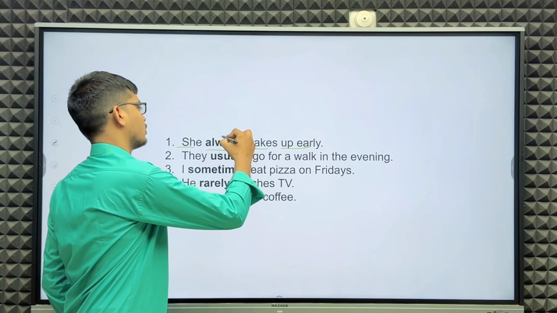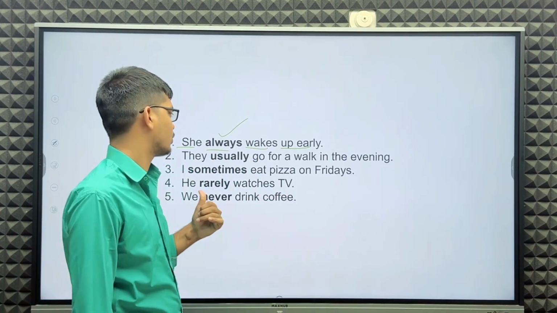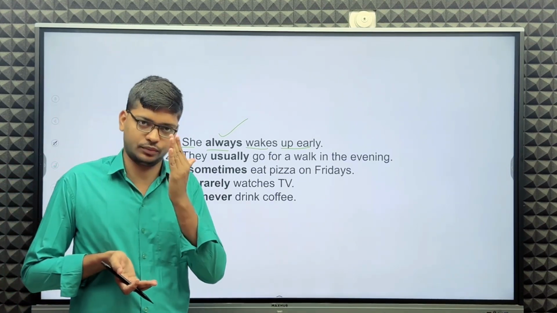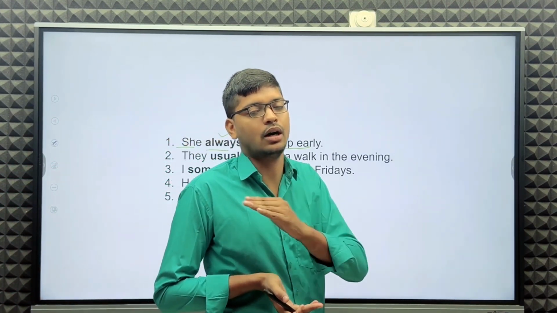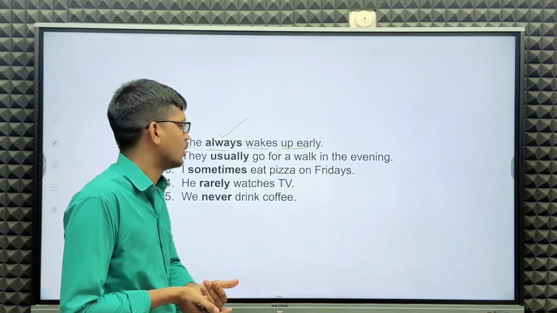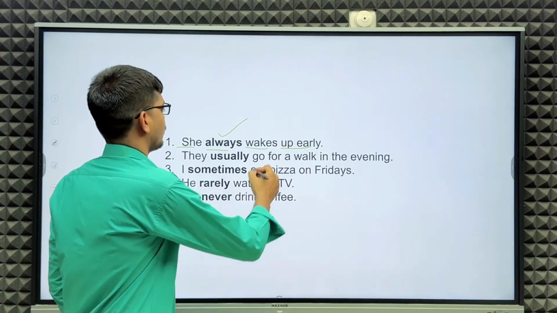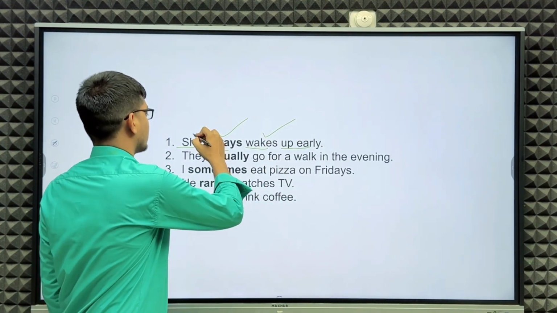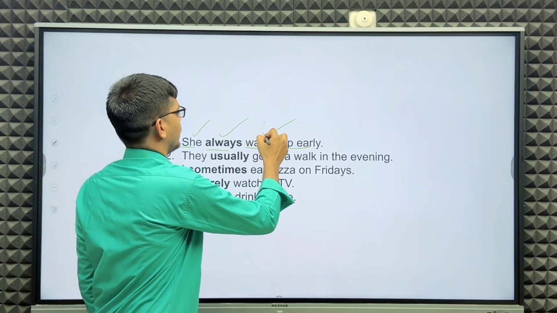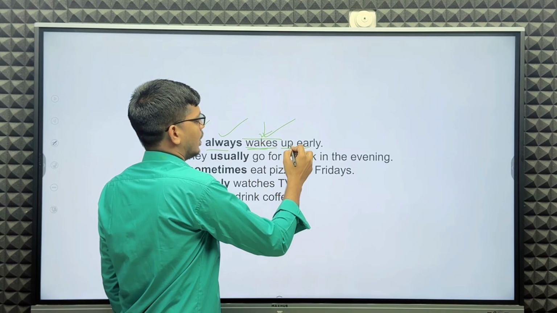So always, regular basis. Those works we are doing or continuing on a regular basis, so we have to use simple present tense. Simple present tense, wakes. She is a singular subject, so with a singular subject we have to use s or es with the verb.